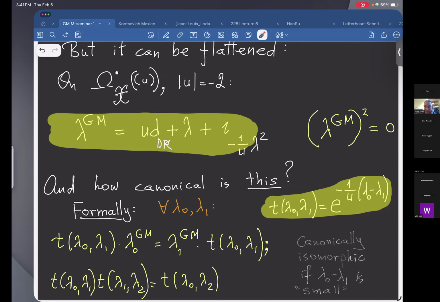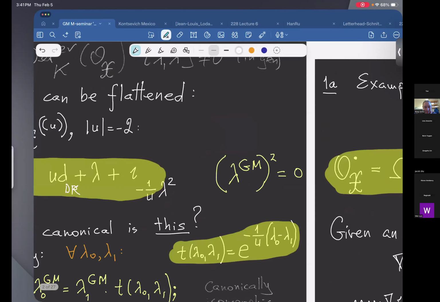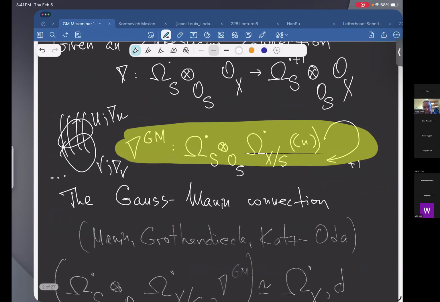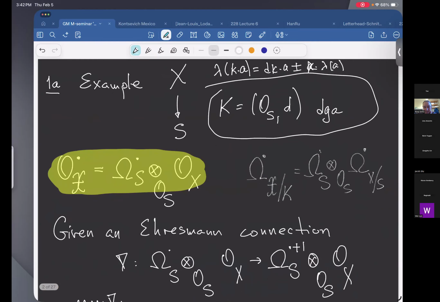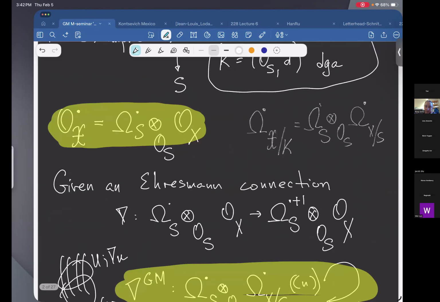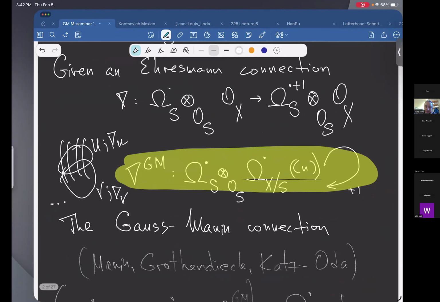Yeah, this you can do, but you can parallelly say that it's degree 0, and there is an extra grading somewhere. I mean, there are two gradings in this case, one with respect to the base and one with respect to the fiber, and then they agree with each other.